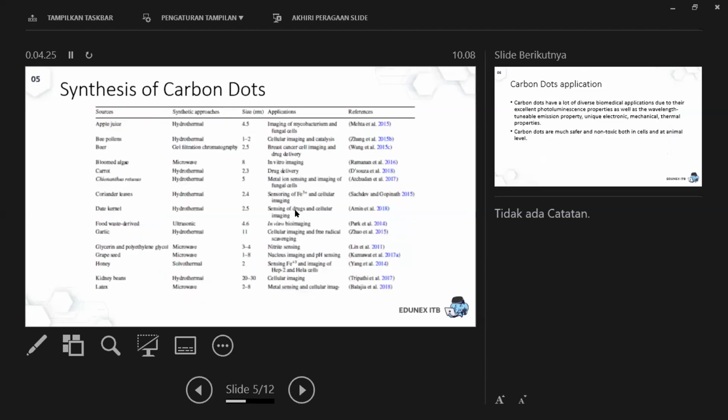So all the organic matter or bio-waste can be applied as a sustainable and cost-effective carbon source for synthesizing carbon dots. In this figure, we have some carbon sources for synthesizing carbon dots and its synthesizing methods.